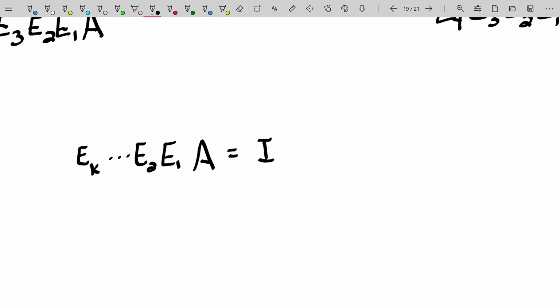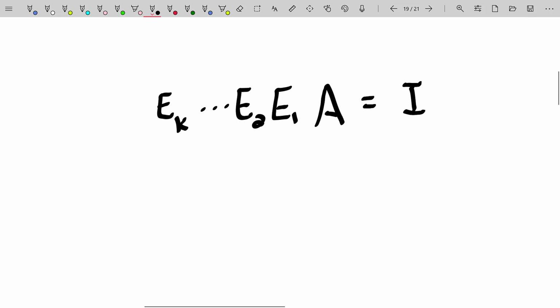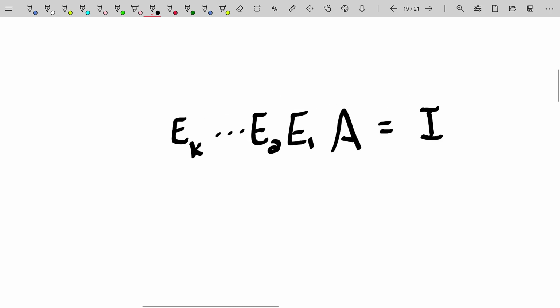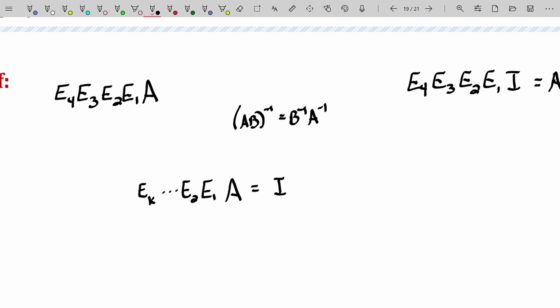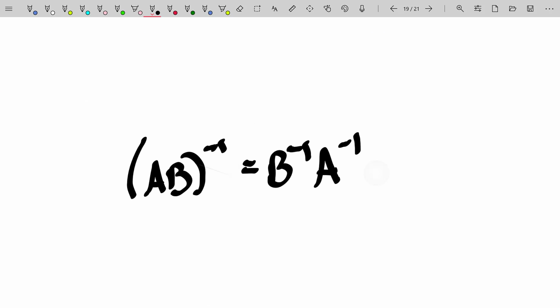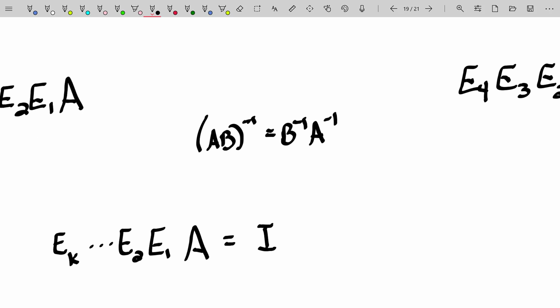But if A is row equivalent to the identity matrix, then we can apply the inverse of all this product to both sides of this equation. And remember, we have a theorem that says the inverse of a product of matrices is the product of their inverses in reverse order. And that actually holds for large multiplications.